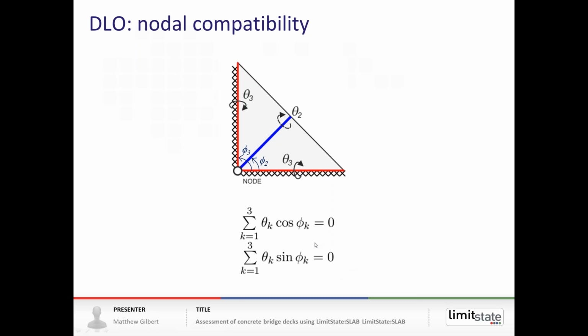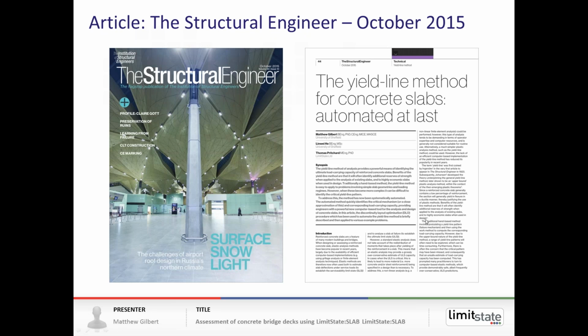So it's actually analogous to resolving forces in a truss, which, if you're interested, is explored in a little bit more detail in a paper that appears in the October 2015 issue of the Structural Engineer, and which contains exactly the image I showed on the previous slide. So if you're interested, this paper explains it in a bit more detail.